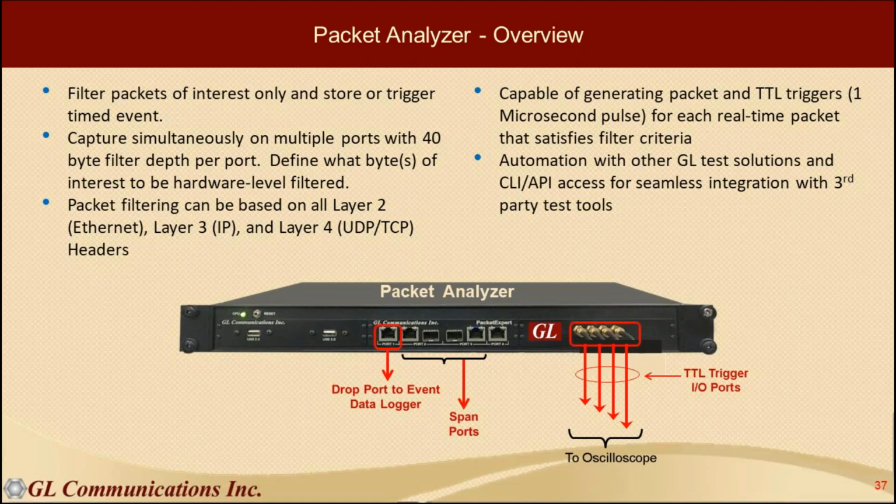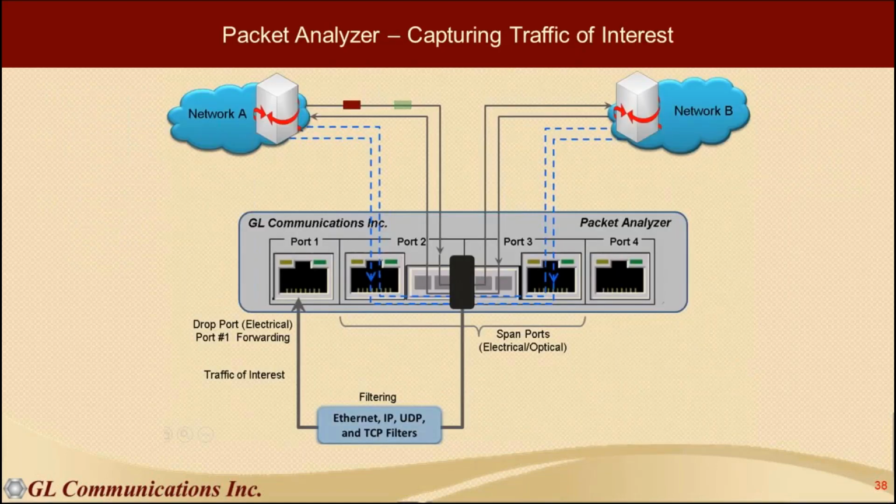We have packet filtering based on layer 2, layer 3, and layer 4, and so forth. One other thing I'll mention, it's all API and CLI accessible for automation on that packet analyzer. This is showing you a little animation of how these packets flow through the packet analyzer.